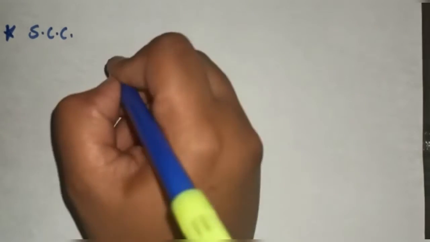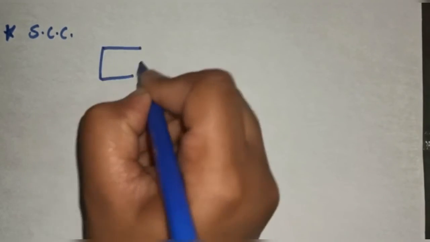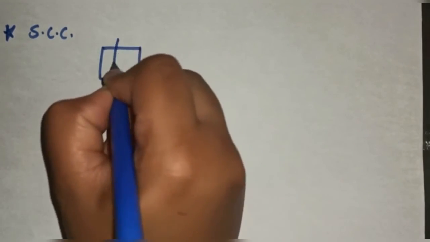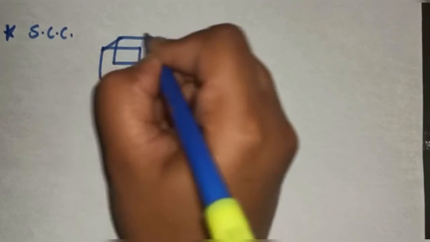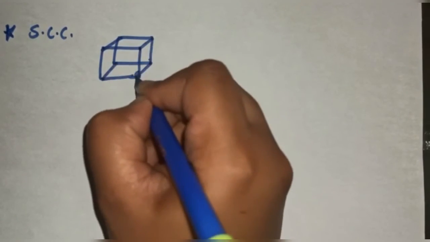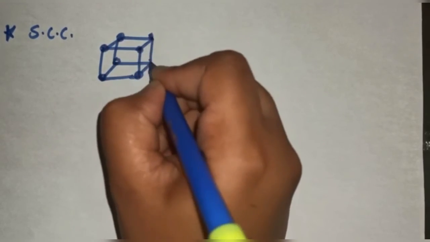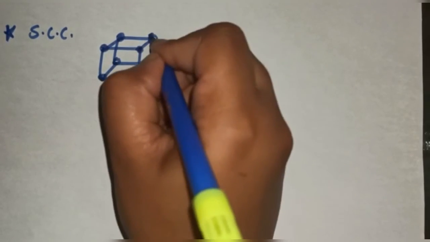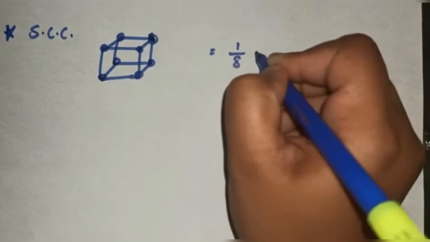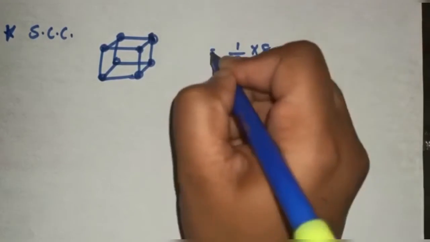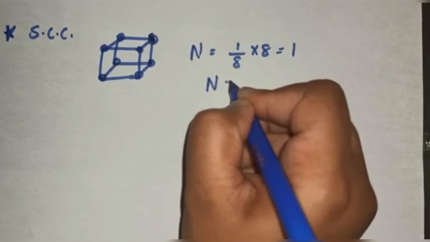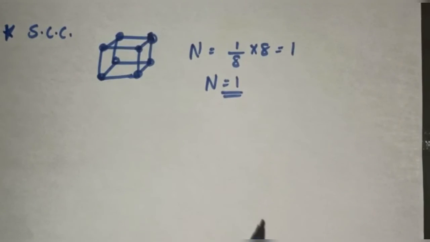Next, coming to the primitive cell, the simple cubic cell. Here it's nothing but the 8 corners. So the particles, as I have told before, will be 1 by 8 into 8, which is nothing but 1. N will be equal to 1.